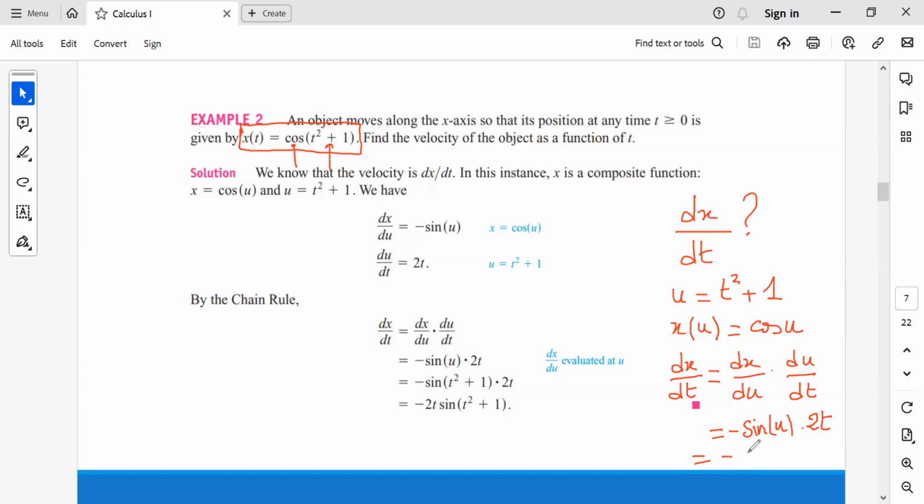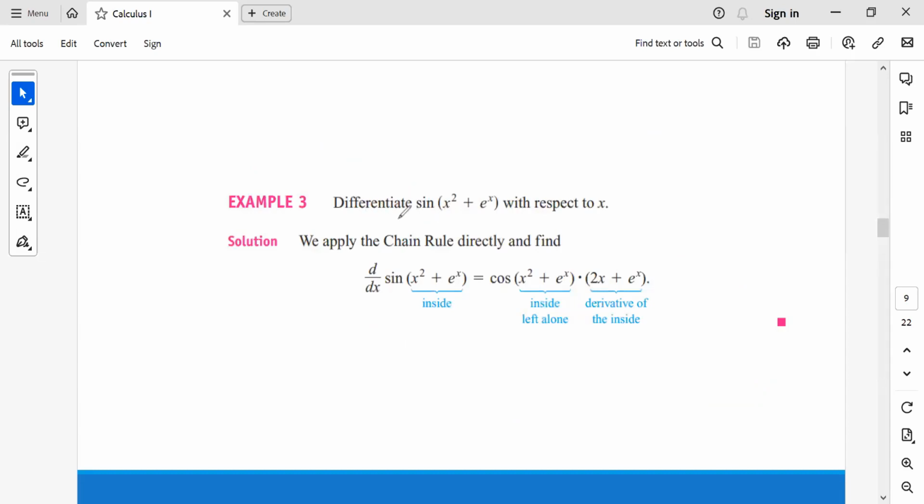So it's minus 2t sine of t squared plus 1. This is the velocity, dx over dt, using the chain rule.